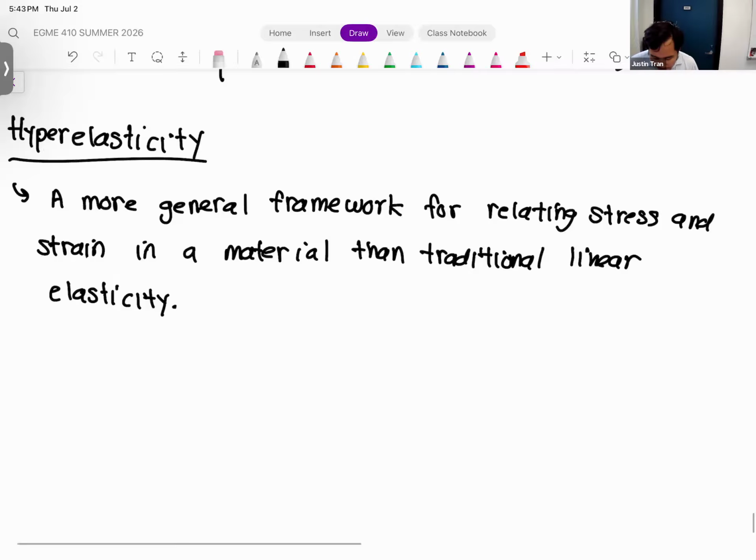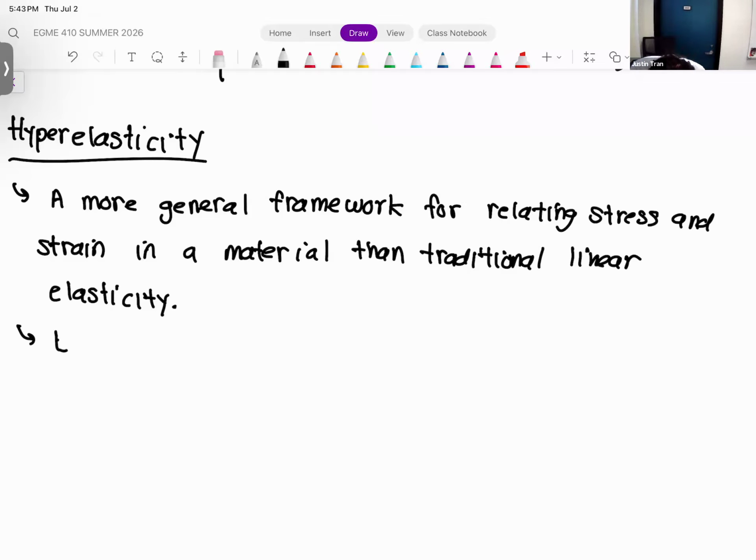Now, I can't say that I'm an expert in this at all. I really only know about it from a surface-level perspective. But again, this is something I mostly want to make you aware of. The way hyperelasticity works is that instead of having an explicit formula that relates the stress and strain, what we have is the concept of what's called a strain energy function.